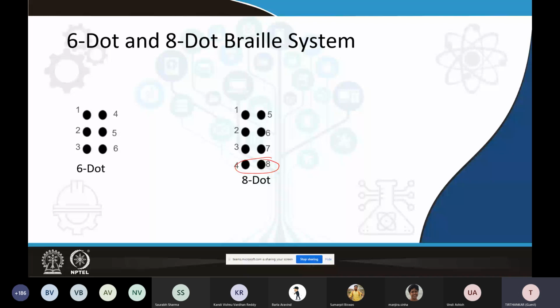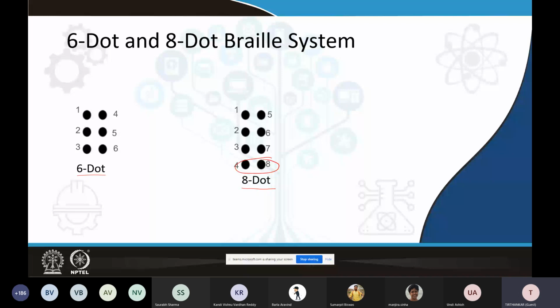The more conventional one is the 6-dot system, which is widely used and everyone knows about it. But the 8-dot systems are a very recent incorporation, and not too many people are aware of them, and they don't use the 8-dot system primarily because, in order to make these 8-dot Braille cells, the entire infrastructure needs to be changed.